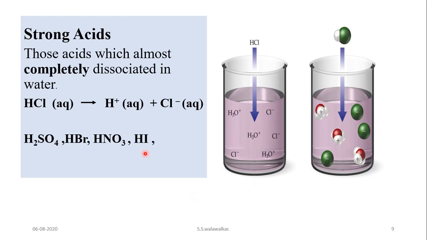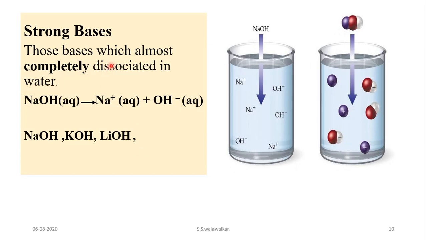Some examples of strong acids are H2SO4, HBr, HNO3, HI, etc. And strong bases are those bases which almost completely dissociate in water. For example, NaOH.